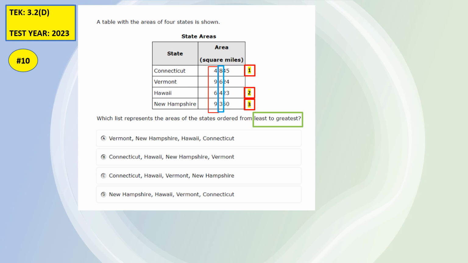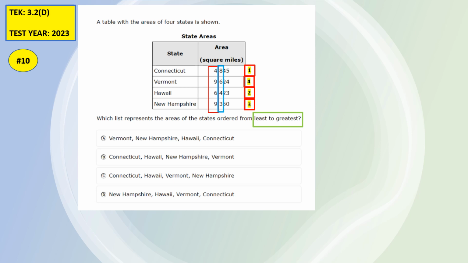All right, so that means that Vermont is my greatest or biggest number of the 4 numbers in this table. Now I have my numbers ordered from least or smallest to greatest, which is largest. Now I'm going to check my answer choices to see which answer choice matches the way that I have my numbers listed.